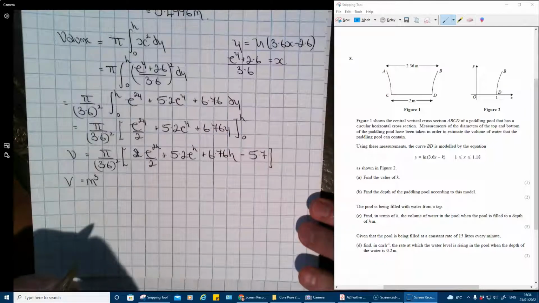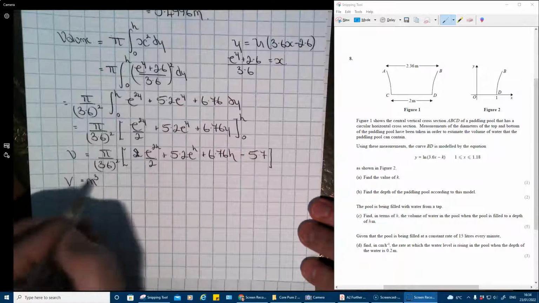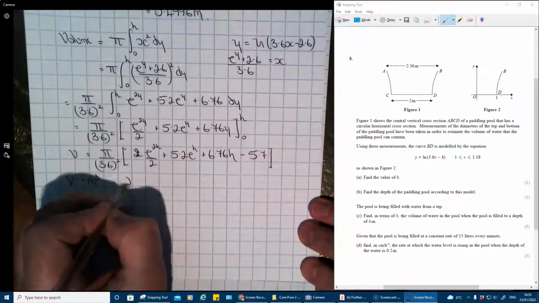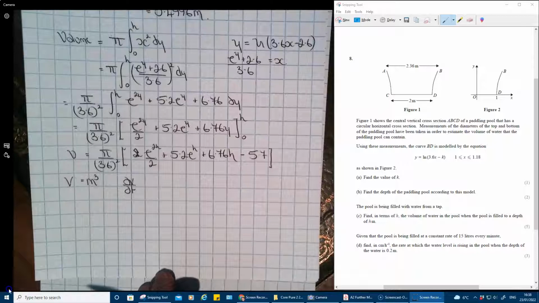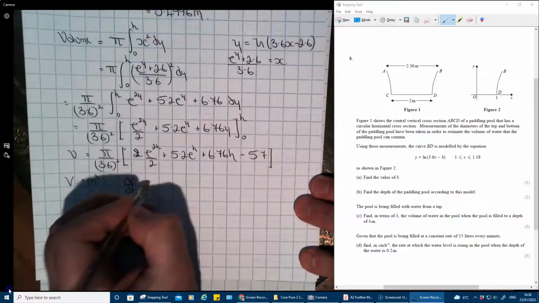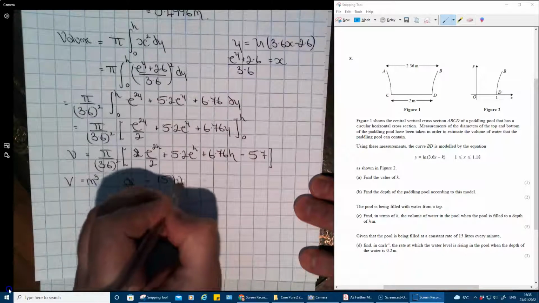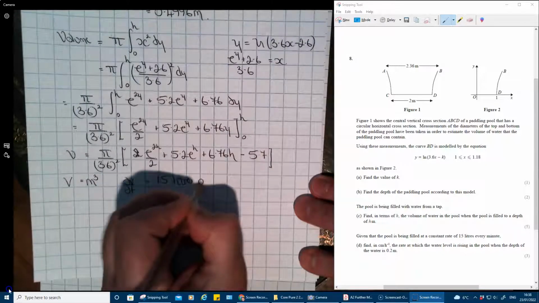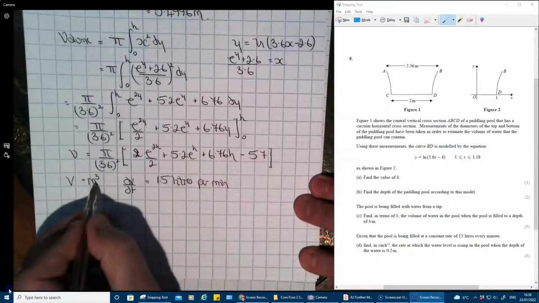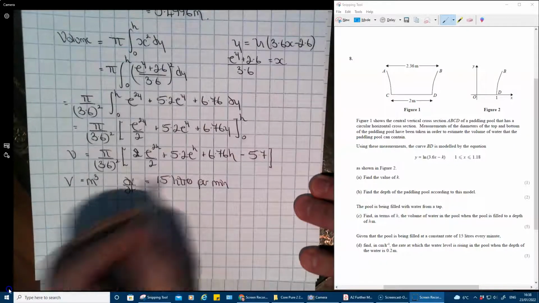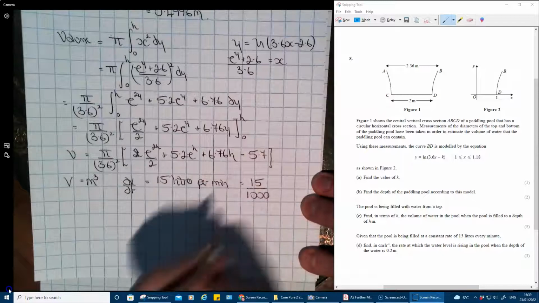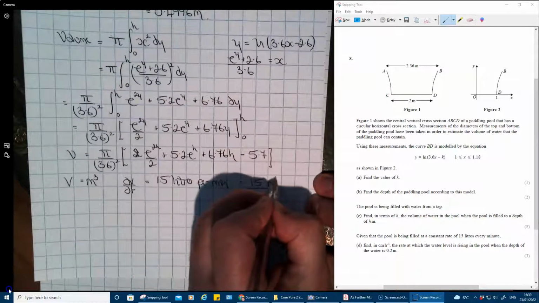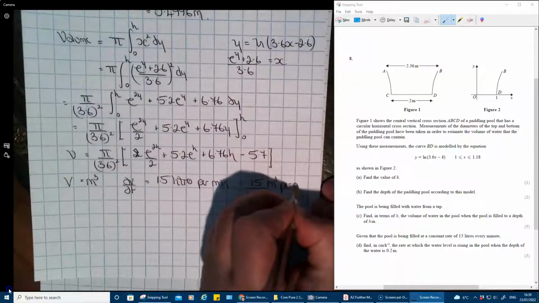So dV by dt we're given as 15 litres per minute. Because the volume is in cubic meters, to be consistent we change that, so it equals 15 over 1,000, since there are 1,000 litres in a cubic meter, per minute.